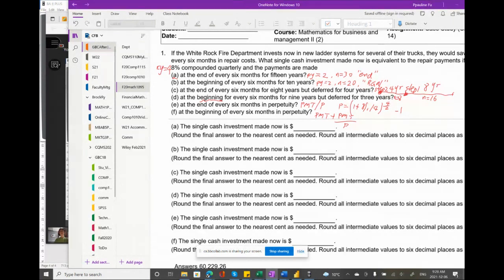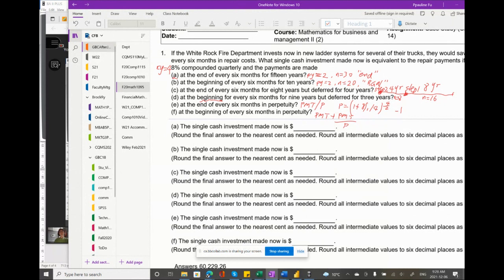So if you make a payment every 6 months, PY equal to 2, obviously, right? And you make this payment for 15 years, term N equal to 2 times 15 equal to 30. And it is at the end mode.